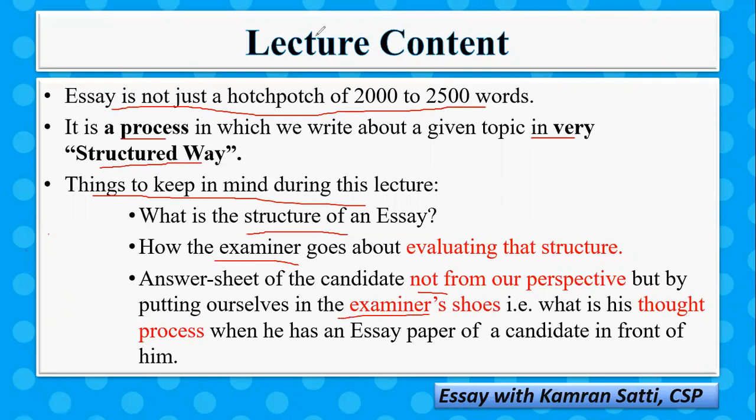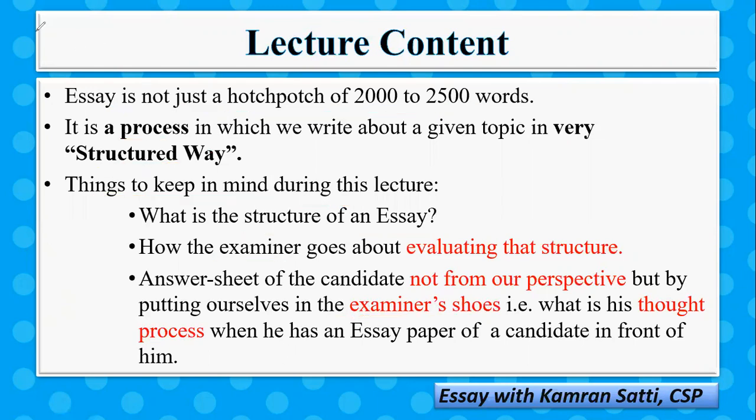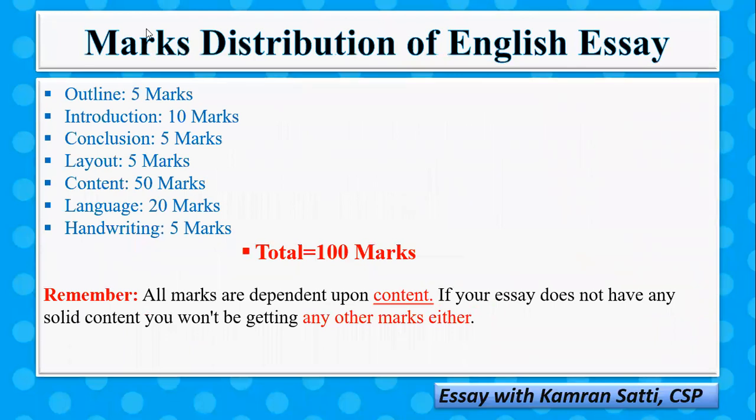Okay, so moving forward, marks distribution of the English essay. These are just the criteria which ex-FPSC examiners have laid out, that this is how the marks are distributed in the English essay. As you can see, content has 50 marks, language 20.